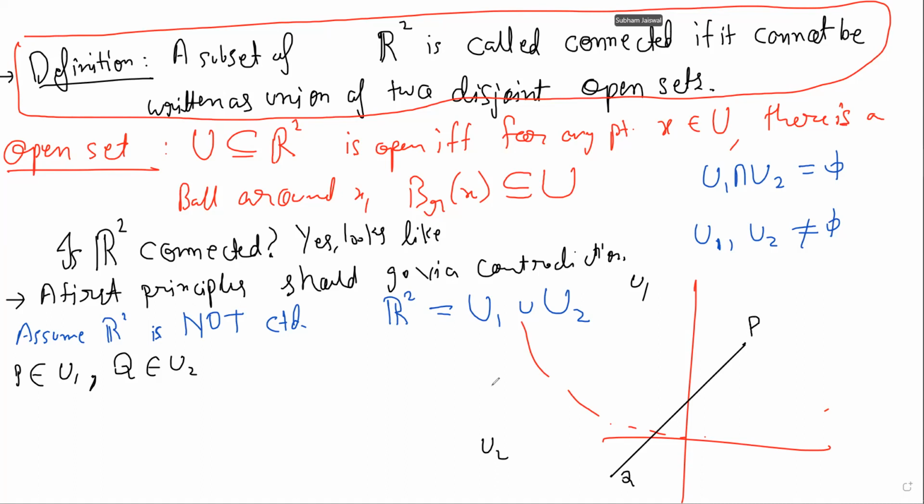Now this problem becomes more like what we already had in R, right? Because what you can now do is you can just take U1 intersection, the line is getting cut right into two pieces, intersection L. So L is a line.